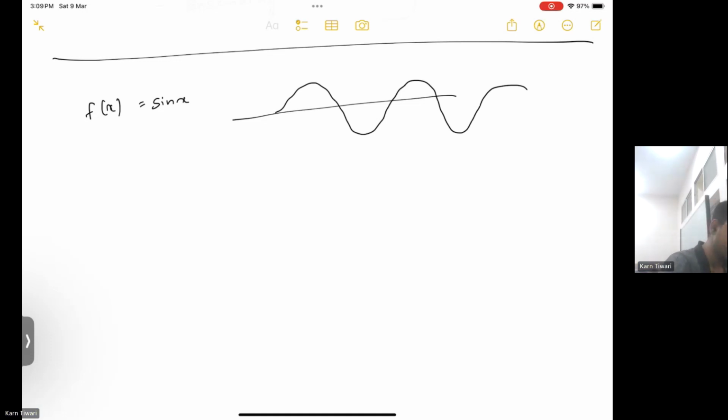Now I have been given certain data points, suppose like this, and I want to explain this data. I want to fit a curve. Machine learning is all about fitting a function. That's it. Nothing else you are doing here.